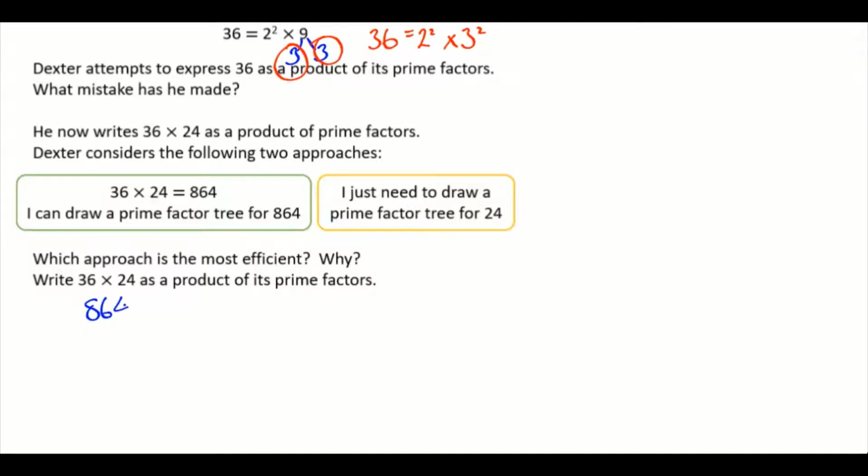So 864, if it's an even number, I would usually just go for 2's, because that's a nice easy one to do.